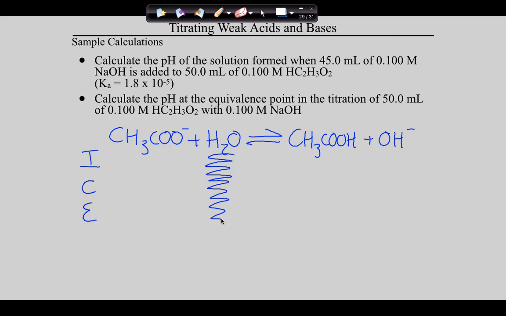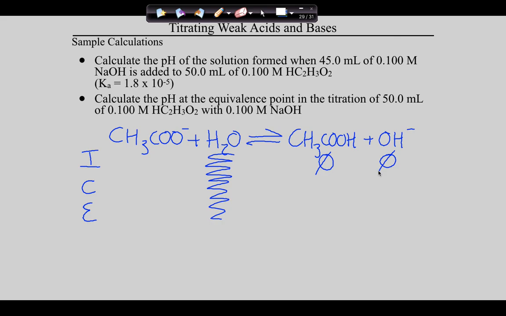Molarities, because this is an ice box. So initially, these concentrations are 0. Here's the hard bit: what is the molarity of the acetate ion? It is not 0.1 molar.